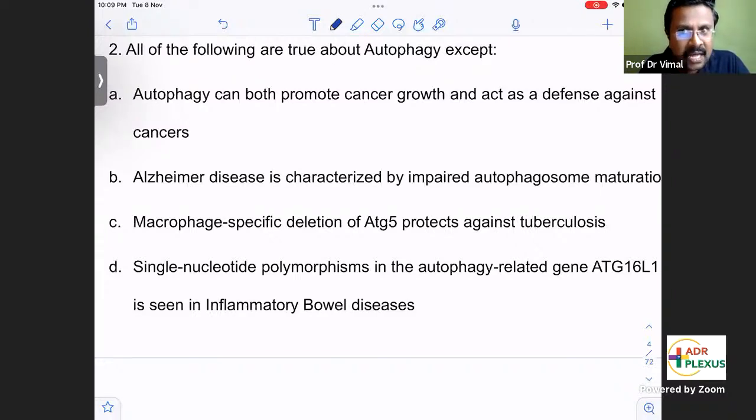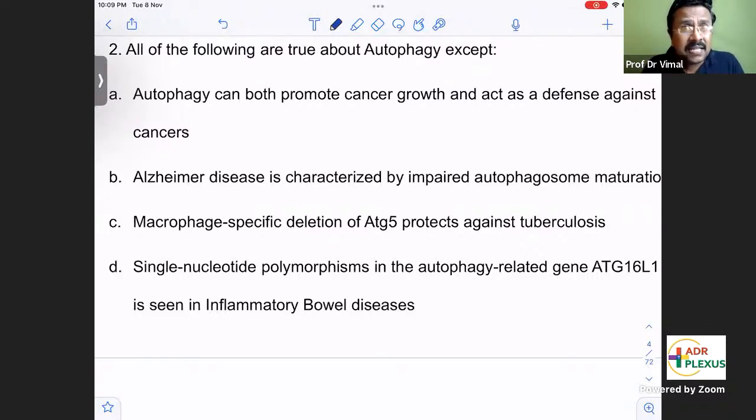Autophagy can promote cancer growth, as well as act as a defense against cancer. Whenever cancer has occurred, the cancer cells keep proliferating rapidly. When they rapidly proliferate, they need a lot of energy for their cell division. For that energy, they cannibalize, that is, they engulf their own cell organelles, thereby deriving the energy and also the intermediate products needed for cell division.